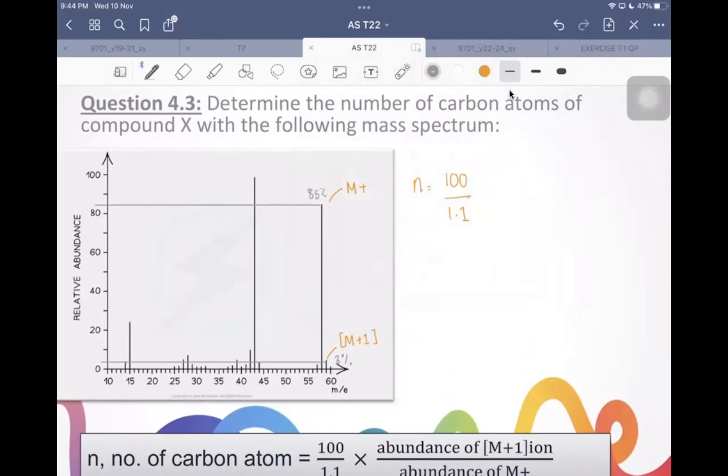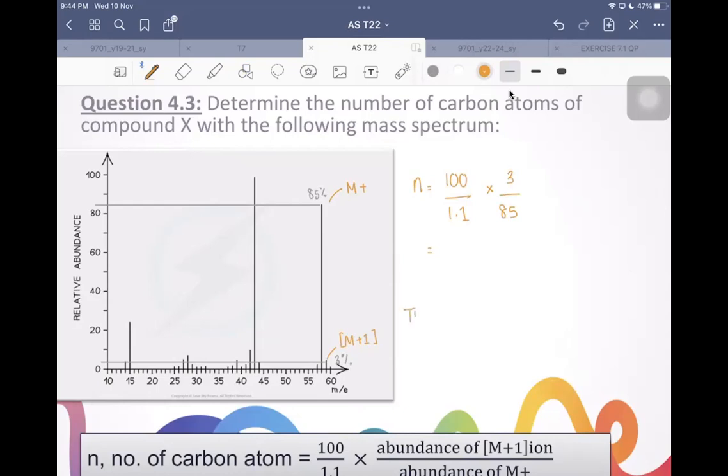If I substitute these numbers into the formula, M+1 is 3, M is 85. Please work out the number and round it off to the nearest whole number.